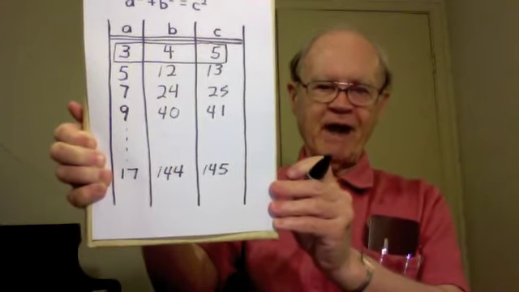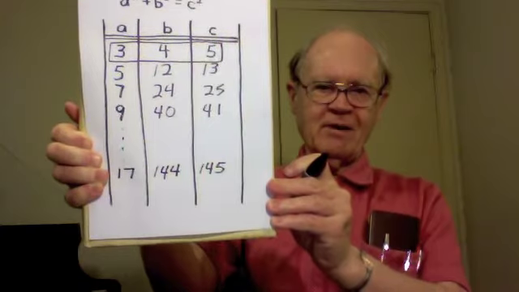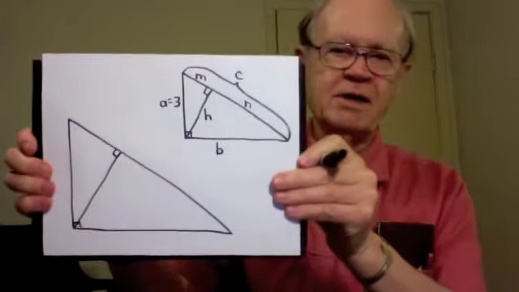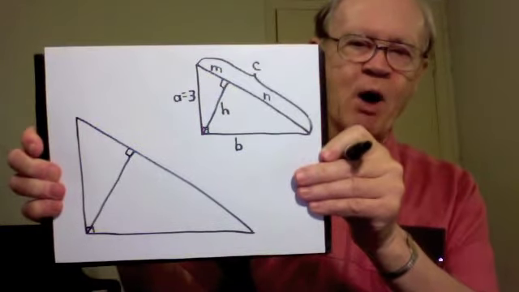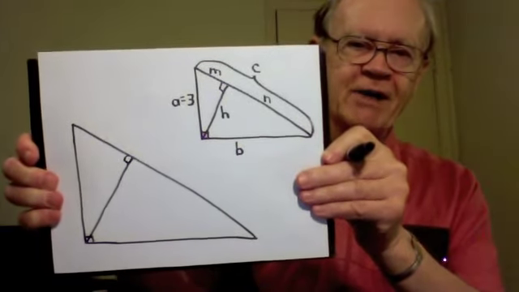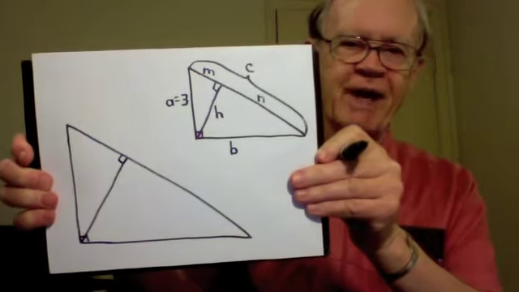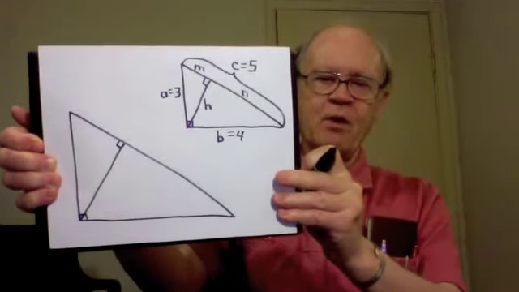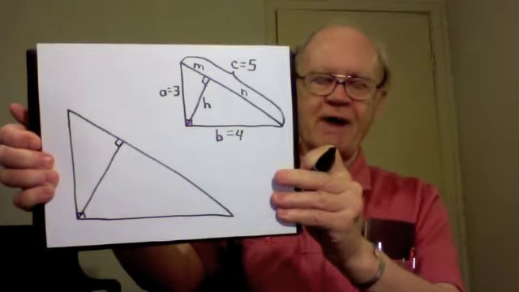And we can verify that that triple of numbers satisfies the Pythagorean equation. So we'll focus on our smaller challenge, the first easier challenge first, where a is 3. So we have a is 3, b is 4, c is 5, a 3, 4, 5 right triangle.